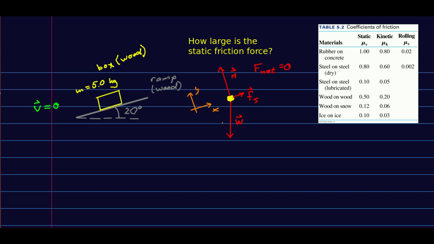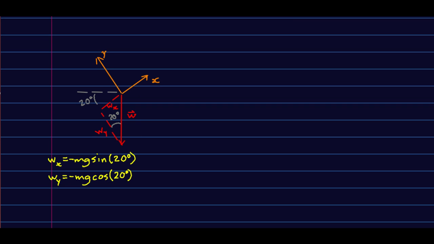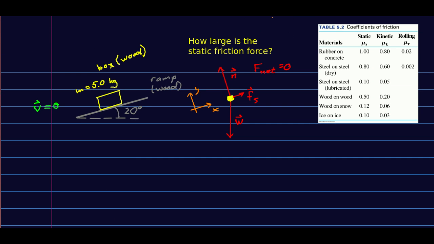We should break up our weight the way we did before, and it plays out just like it did before. And so I'm going to skip over that quickly and go straight to writing Newton's second law. And this, again, will go much as it did before, except that this is now static friction.